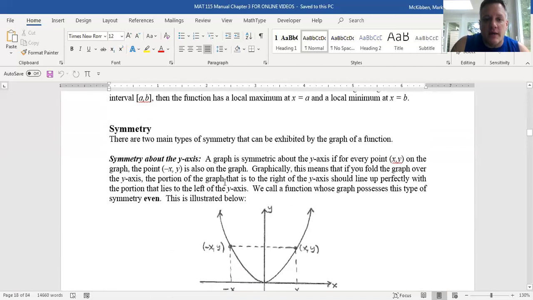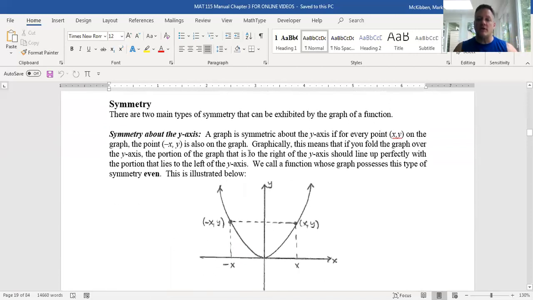Okay. In terms of symmetry, I spoke intuitively about symmetry about the y-axis when we talked about x squared. Let's talk a little bit more formally about it. We'll say a function's graph is even, or what that means is symmetric about the y-axis, if, give me any point to the right of the y-axis, if I go the same distance on the left of the y-axis, I have the same y value.